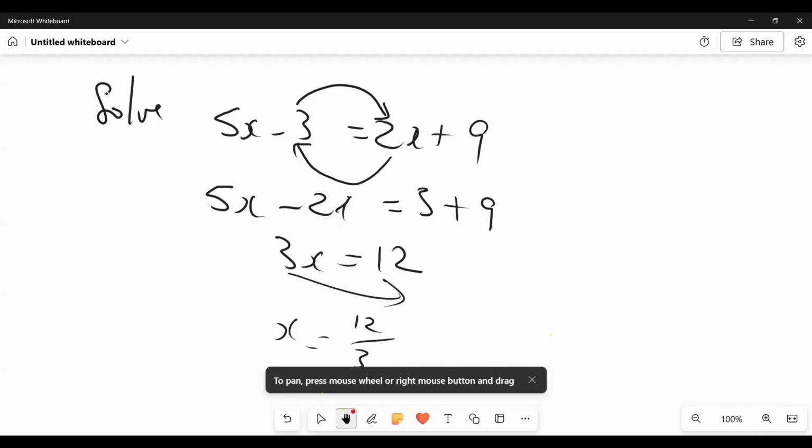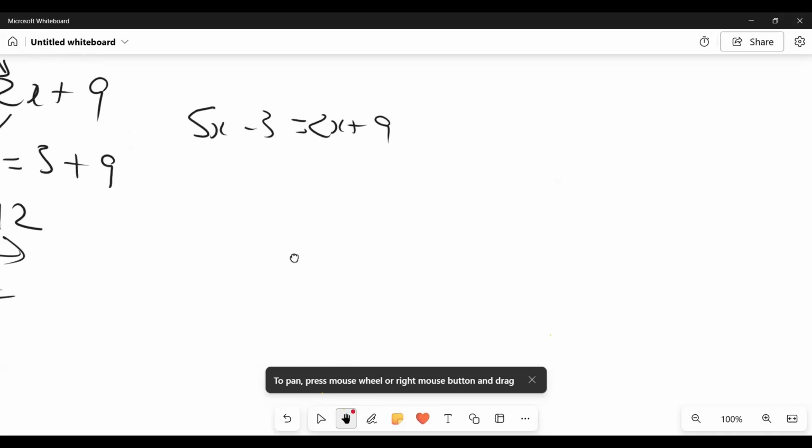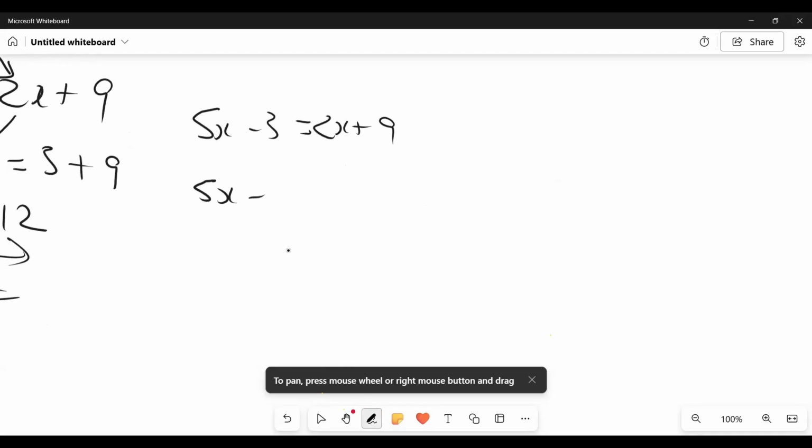All I'm telling you is just realize what you are doing. Basically, you're taking 2x away from both sides. Let me do it back here. 5x minus 3, you're taking 2x, so you get 3x minus 3 equal to 9.